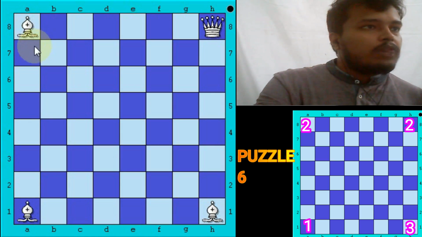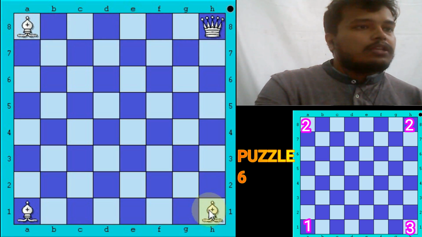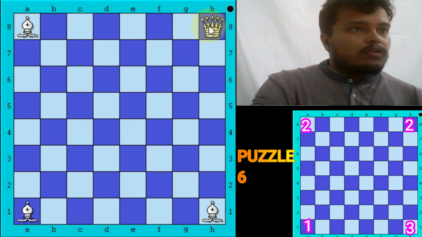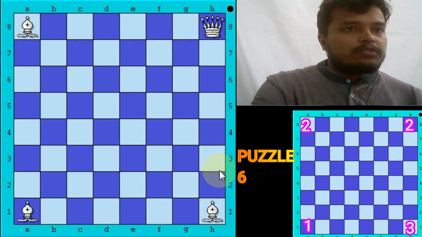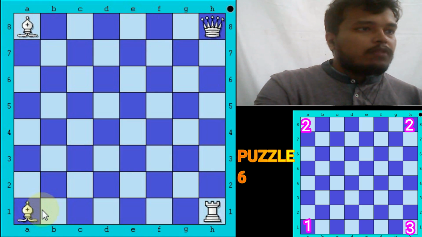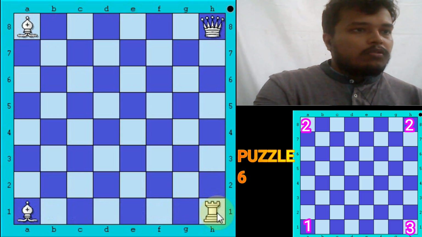this a8 square has to be attacked twice only, and in this position the bishop on the h1 is attacking the a8 square. So this is not the solution to the puzzle. And also if the rook is placed here, then the bishop on the a1 square will be attacked twice, so the rook cannot be placed on the h1 square.